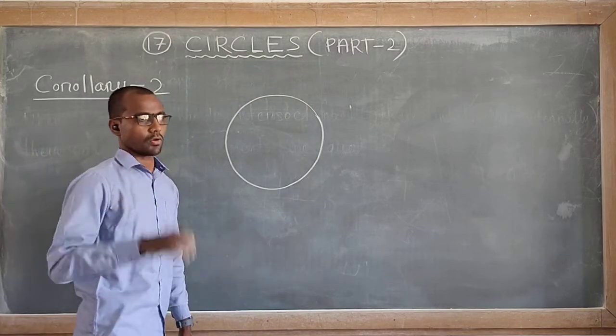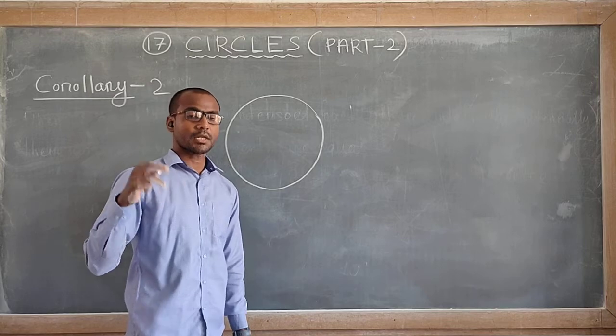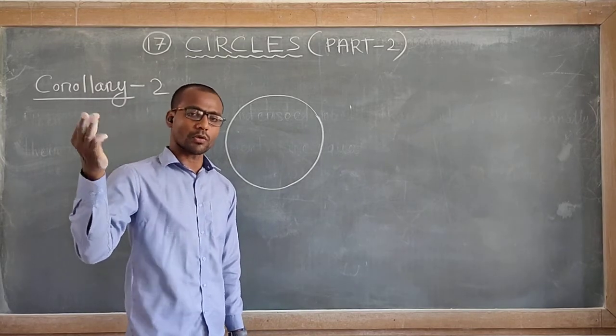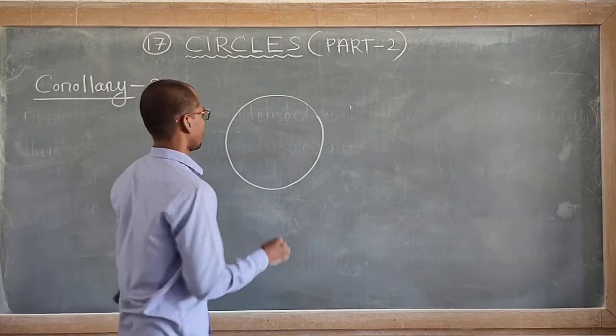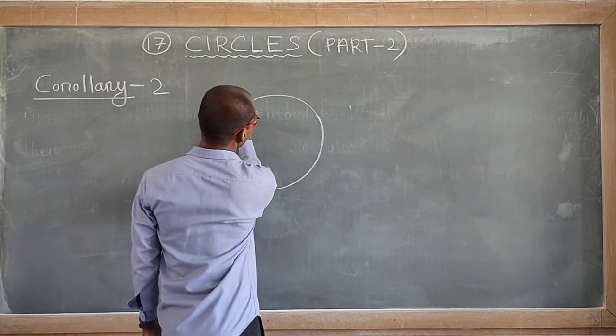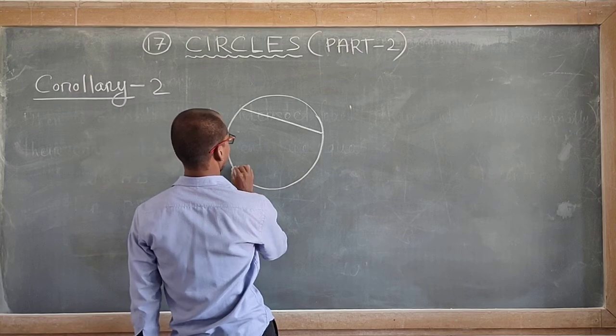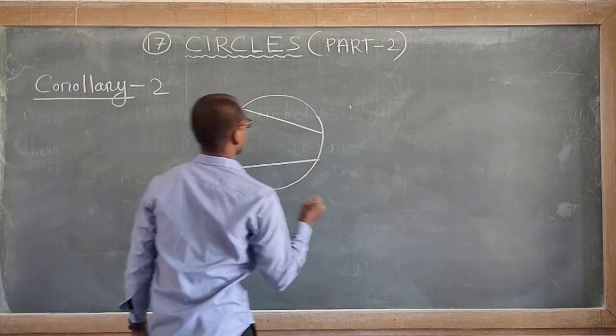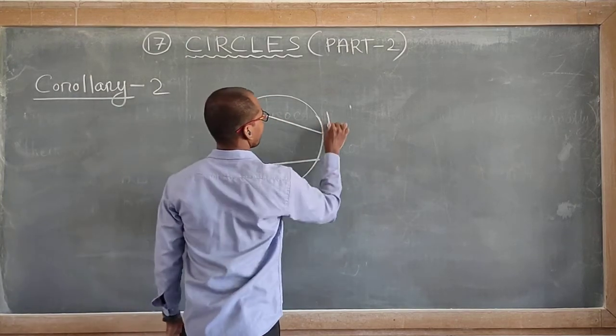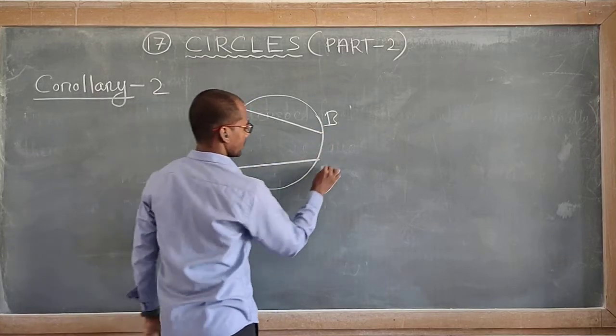Let us draw two equal chords which will not intersect each other internally, but if they are produced, then they will intersect each other. This is AB, this is CD.